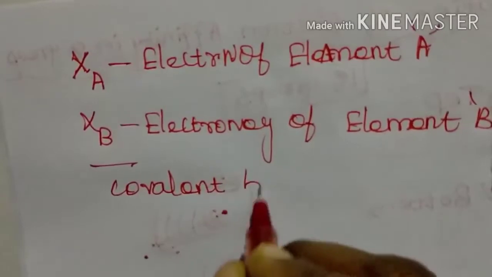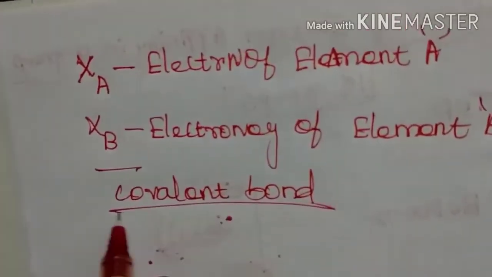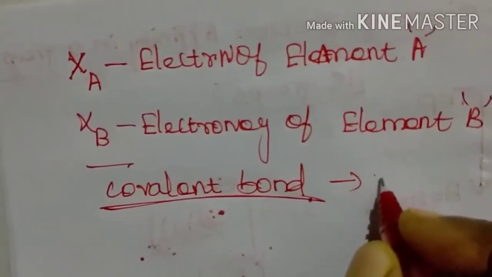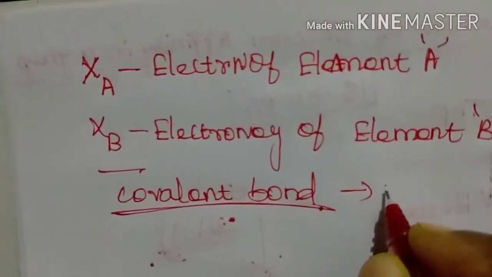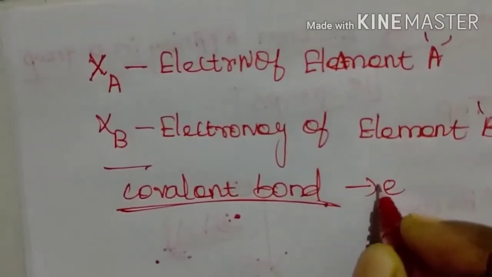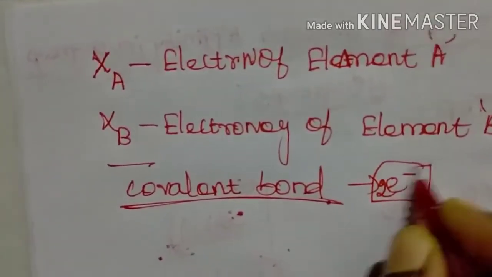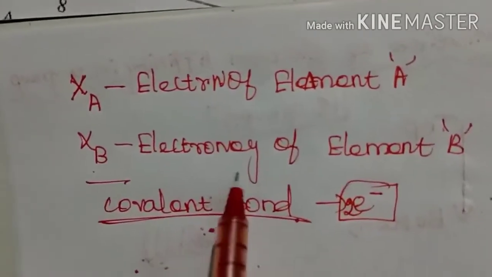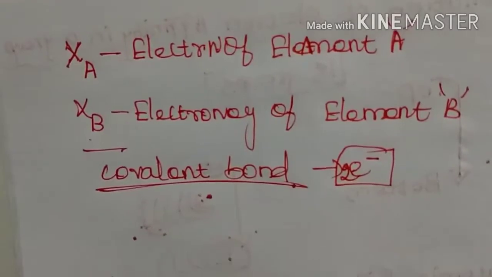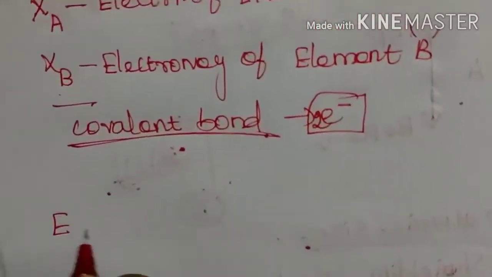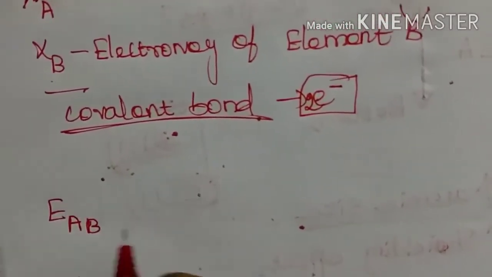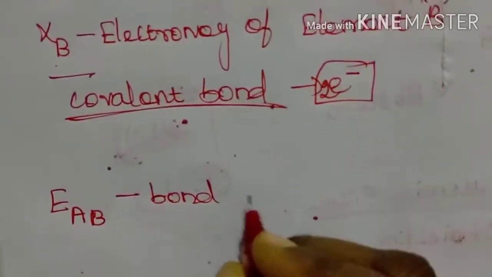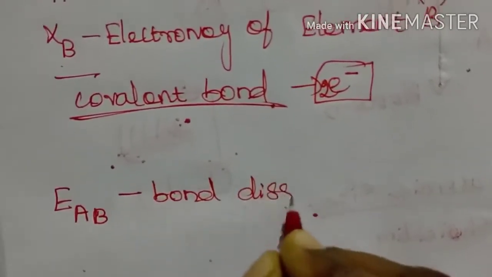We already know that elements bonded together by a covalent bond have the ability of sharing a pair of electrons, that means 2 electrons. So XA is the electronegativity of element A, XB is the electronegativity of element B, and EAB is the bond dissociation energy.